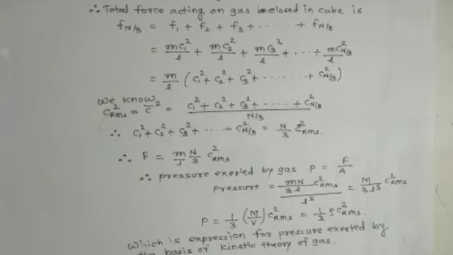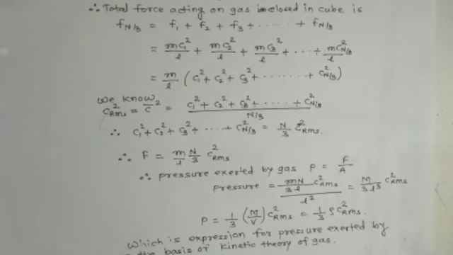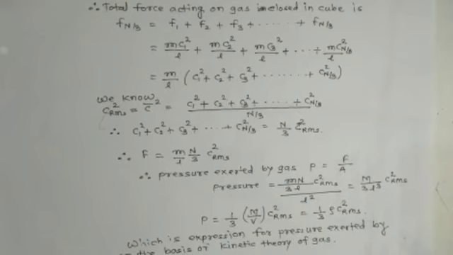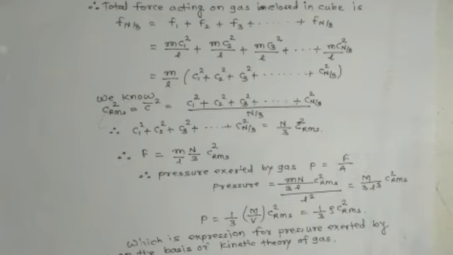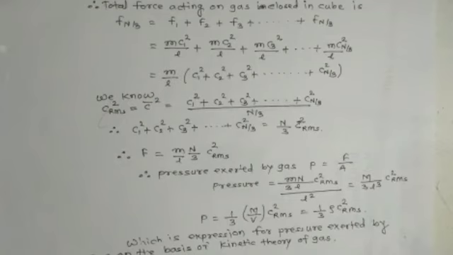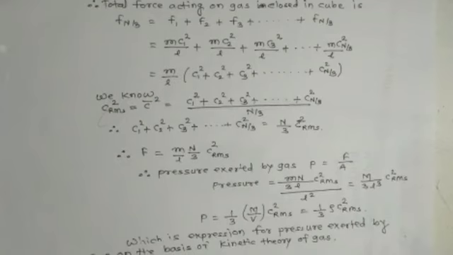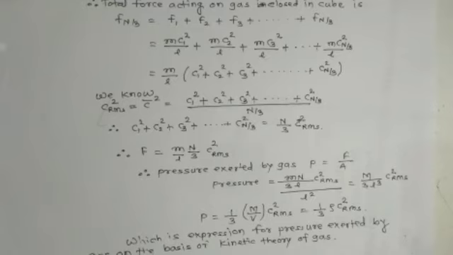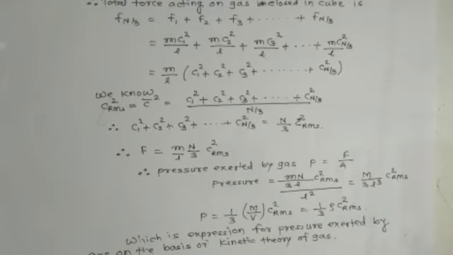Therefore, c1 square plus c2 square plus c3 square plus c square N upon 3 equals N upon 3 c square RMS.